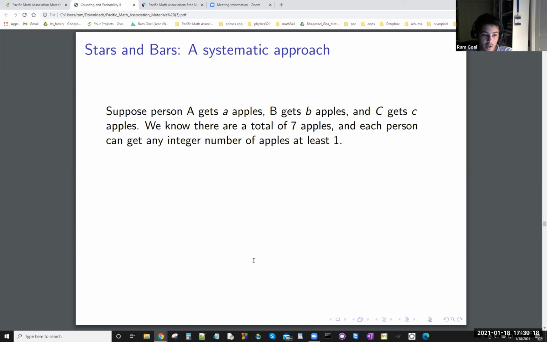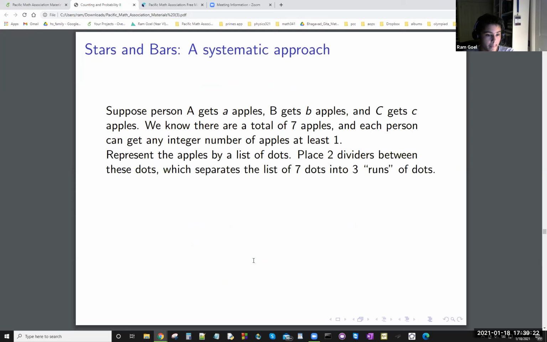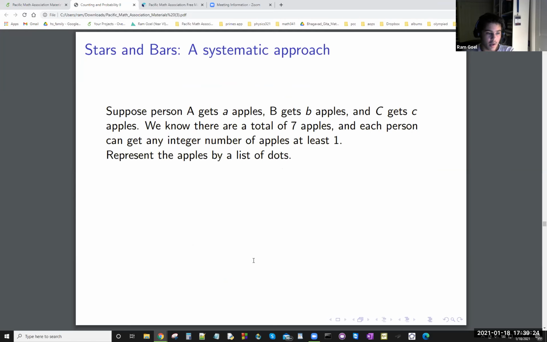So for example, what we're going to do is represent the apples by a list of dots. Don't read into this too much, actually. The apples are indistinguishable, which means that we're not going to distinguish if person A gets this apple versus that apple. All that matters is the number of apples you have, okay?